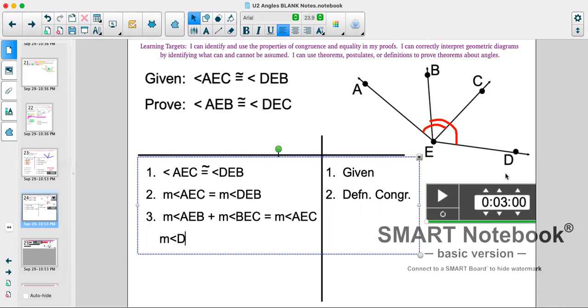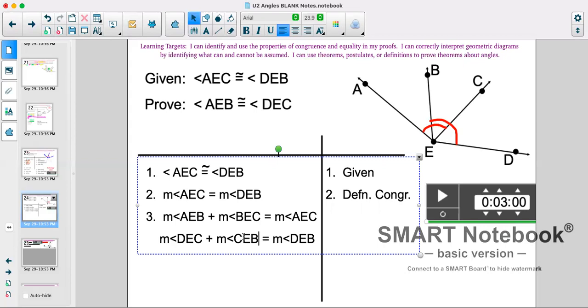So I'm going to say the measure of angle DEC plus the measure of angle, let's say BEC, equals the measure of angle DEB. It starts to get a little funky there. You always want to make sure you keep your notation, because think about it. If I would have written CEB, how many of you would notice that those are the exact same angle?